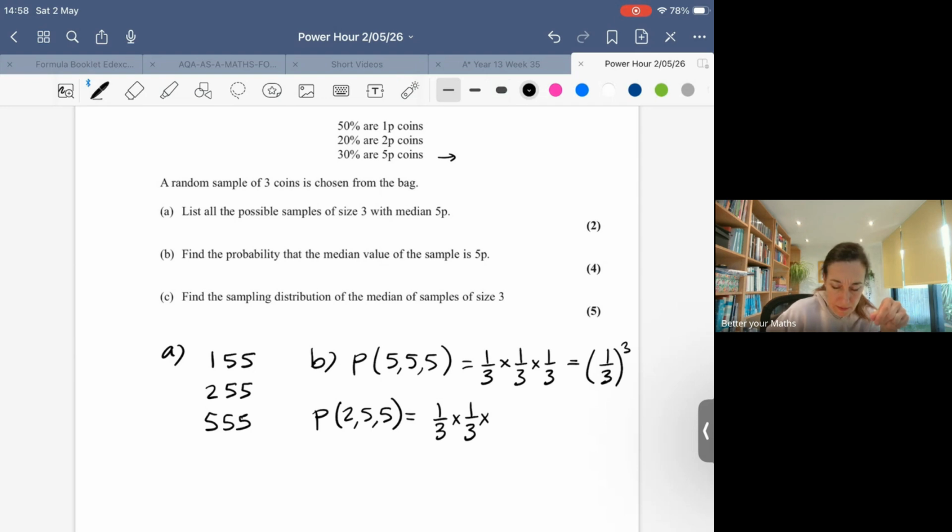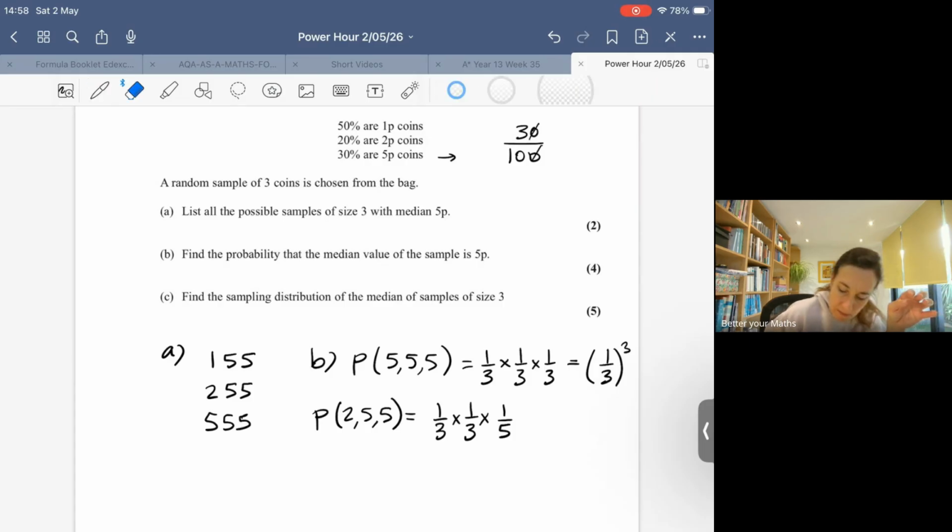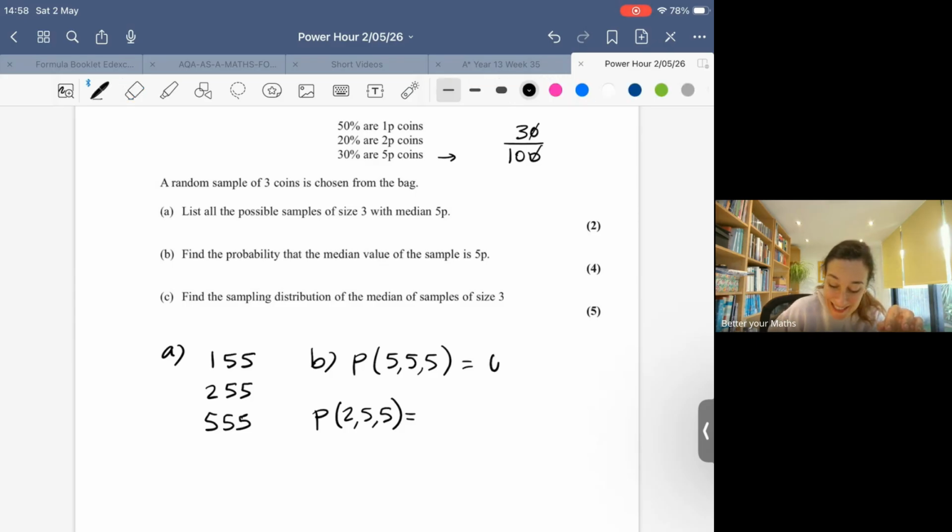Why 1/3? Because 30% is 30/100, so it's 0.3. Sorry, it's not 1/3, it's 0.3 to the power of 3. Thank you, Svara. I don't know why I was thinking it was 1/3.